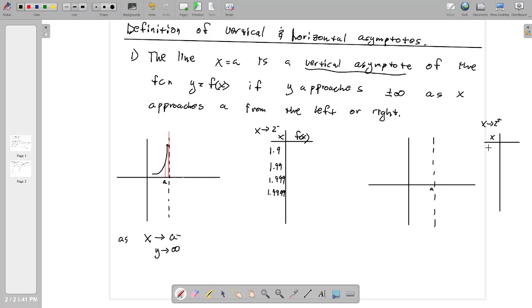So our x value might be 2.1. Again, 1/10 of a unit away from 2, just like we started here, 1/10 of a unit away from 2. But now we're going to get even closer to 2.01. So now we're 1/100th of a unit away from 2, just like we were here. 2.001, and then 2.0001, and so on.